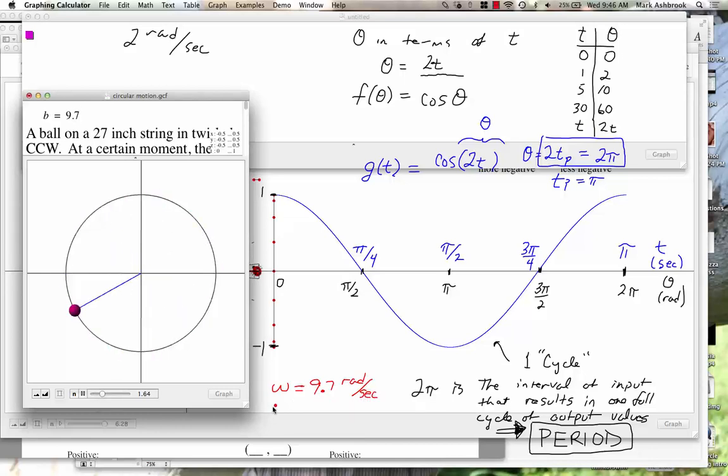I want you to find the period and write a function h of t for this new radial speed. So find the period and write h of t. That's going to output horizontal distance in fraction of a radius length for an input of t seconds. Okay, go, do that.